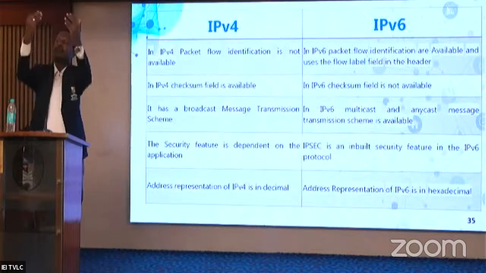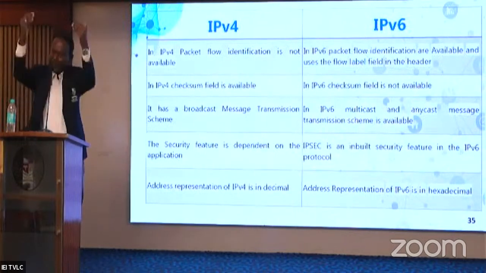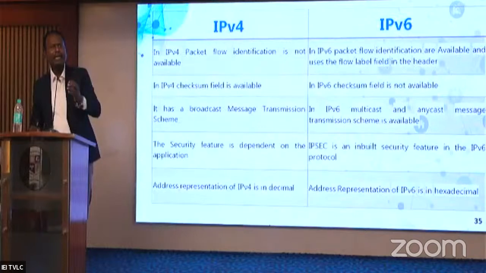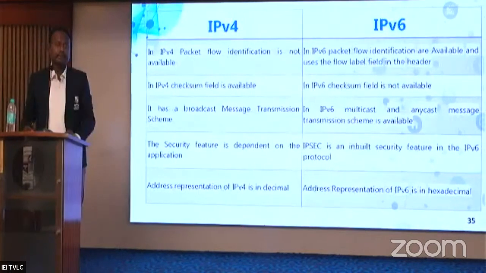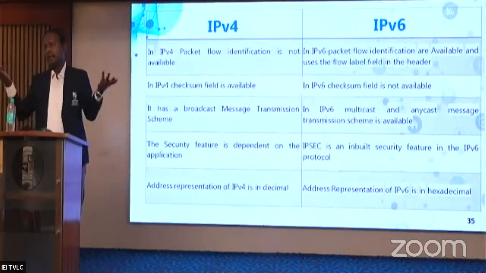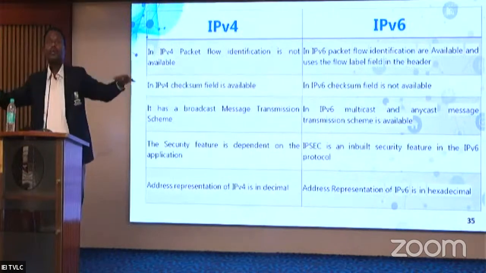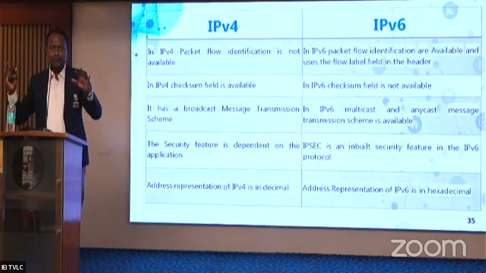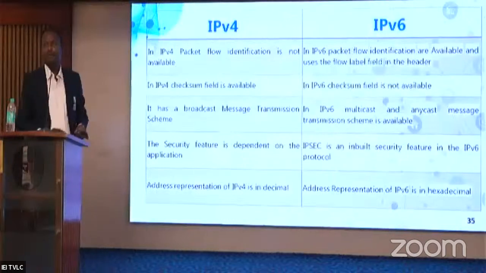Then again it has to be transferred to the next stage, and there also it has to be checked. So many such bookkeeping activities have to take place. In IPv6 it is not necessary, because the underlying protocol itself doesn't need such a requirement.